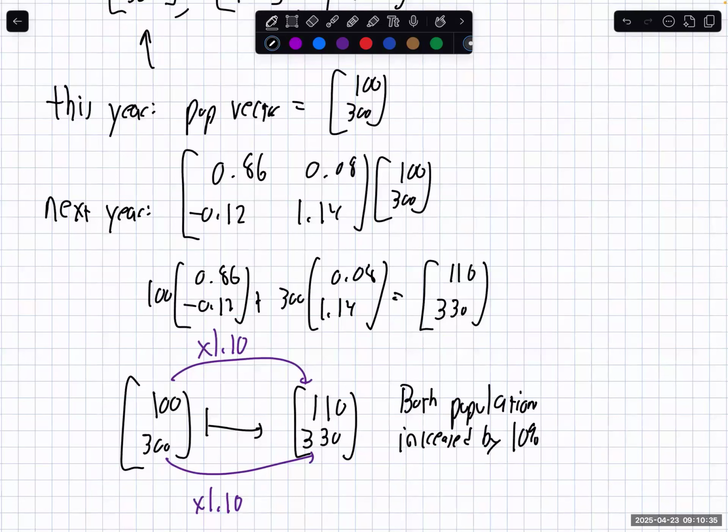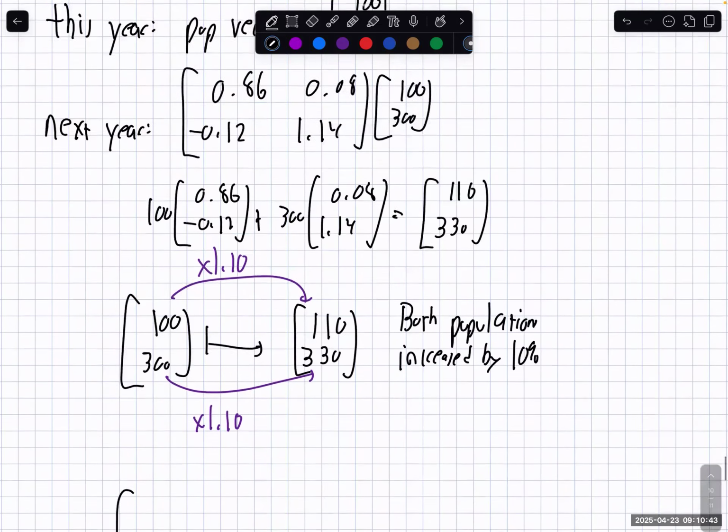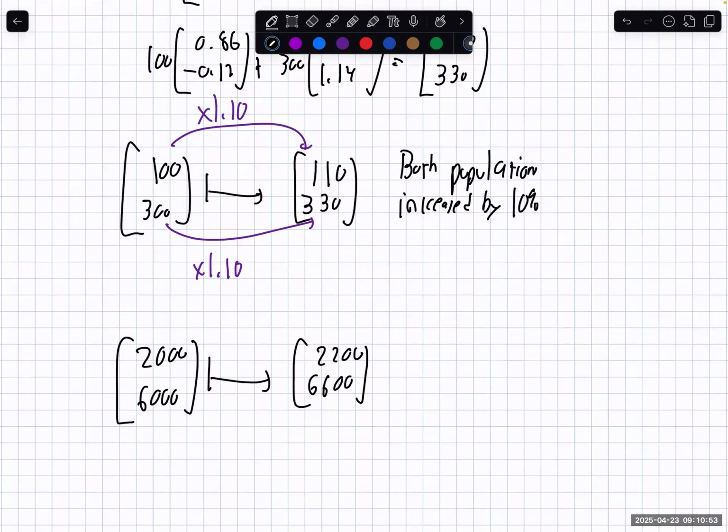And that's going to happen with any population vector that's in this ratio of 1:3. So if it was, what do we have? 2,000, 6,000. Also, both populations increase by 10%.